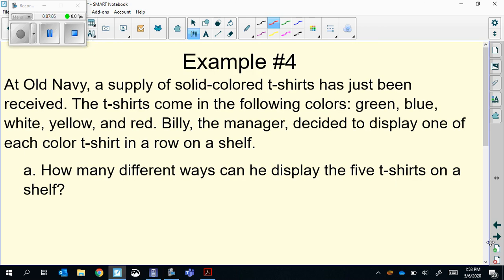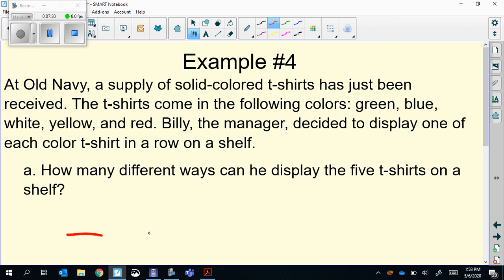At Old Navy, a supply of solid colored t-shirts has just been received. The t-shirts come in the following colors: green, blue, yellow, white, and red. The manager decides to display 1 of each color in a row on a shelf. How many different ways can you display the 5 shirts on the shelf? So he's got this row.